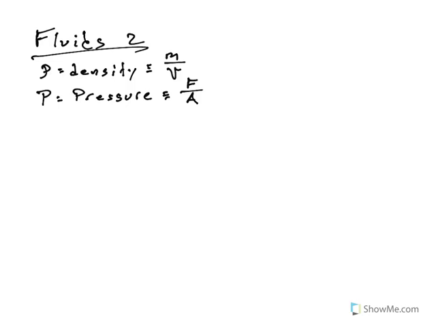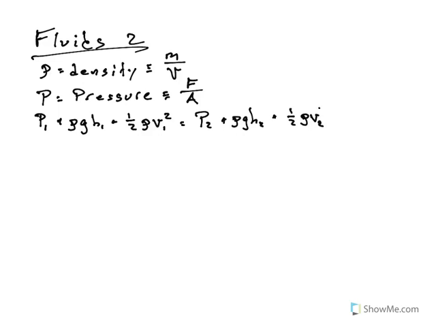We had Bernoulli's equation, which said P1 plus rho G H1 plus 1/2 rho V1 squared is the same as P2 plus rho G H2 plus 1/2 rho V2 squared.